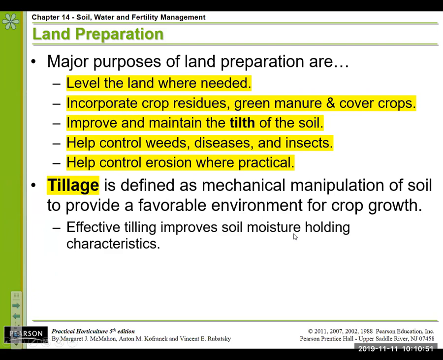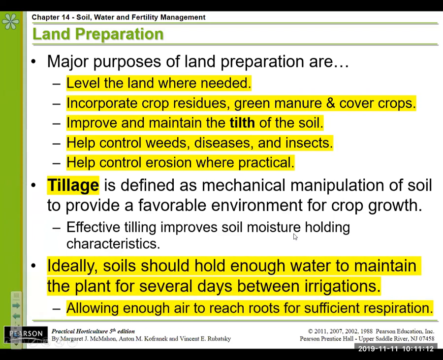So tilth and tillage we look at as the actual mechanical manipulation of the soil to provide a favorable environment for crop growth. Effective tillage is going to improve the soil moisture holding capacity. It's also going to improve seed to soil contact for the germination of seeds.